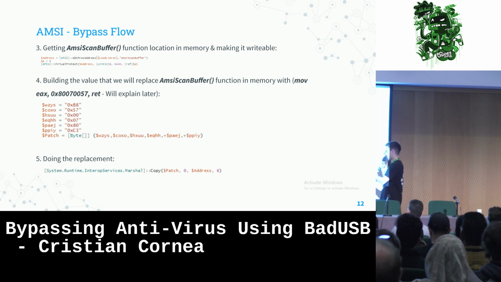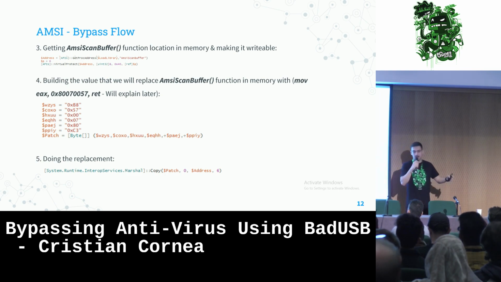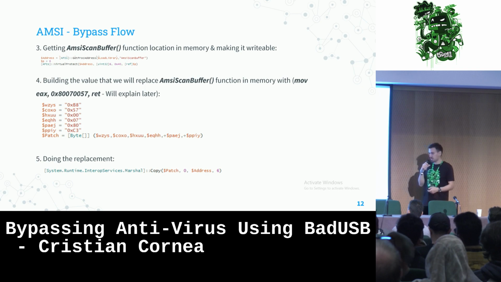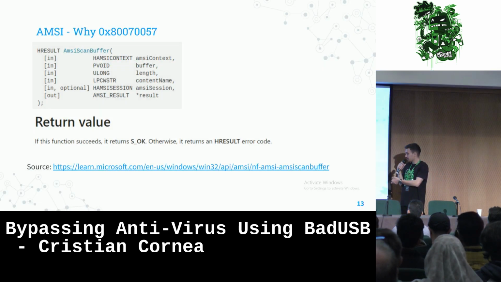And here is the return address that we will patch the AmsiScanBuffer function with. Why this value? We'll explain during the next 2 slides, because it's not random. It's taken from the documentation. And here, using Marshal Copy, we can patch the address.